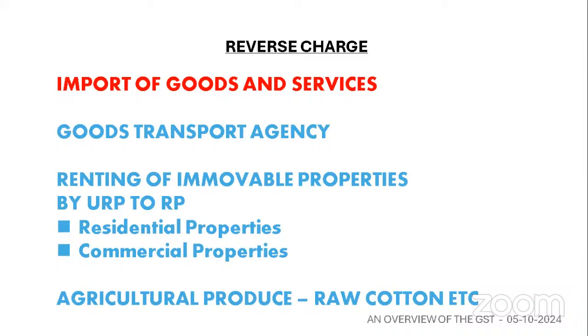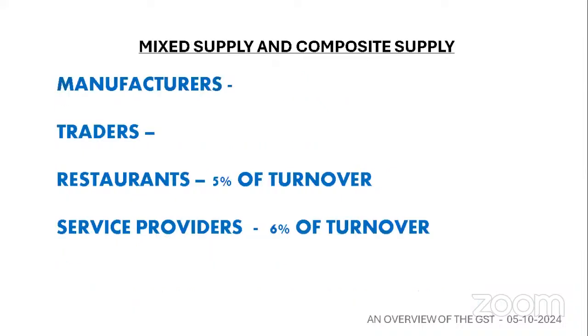And also there are a number of agricultural producers which are kept under reverse charge mechanism where you buy certain products from agriculturists. One of them is raw cotton. You have to discharge the tax liability on the raw cotton on reverse charge basis. However, the credit is available when you sell the cotton to either B2B or B2C.